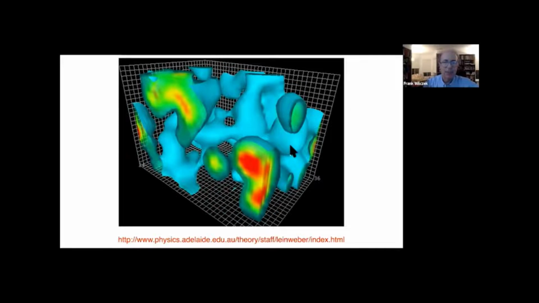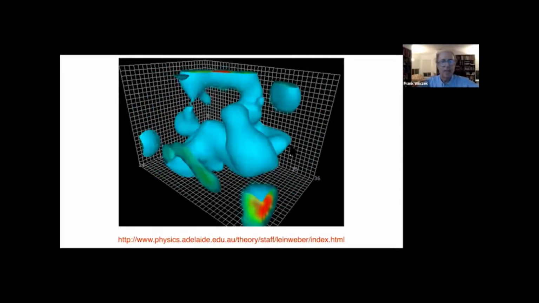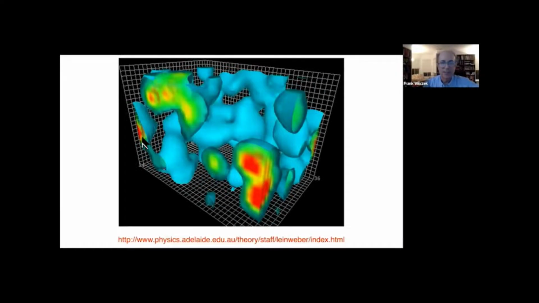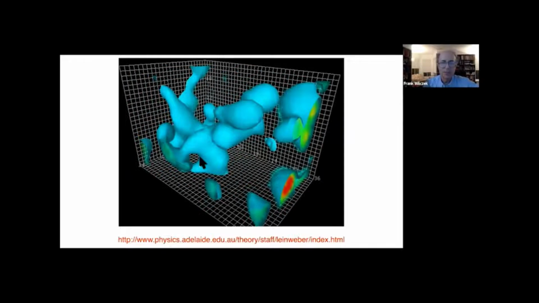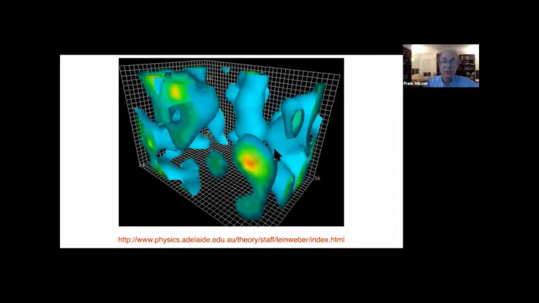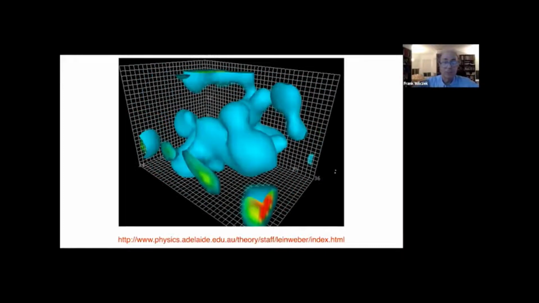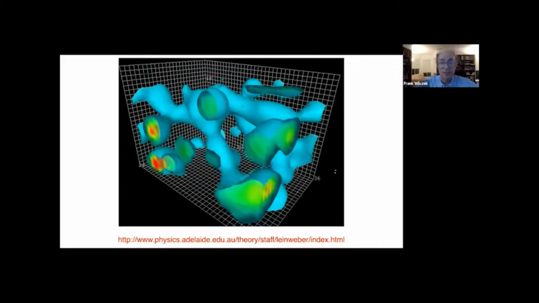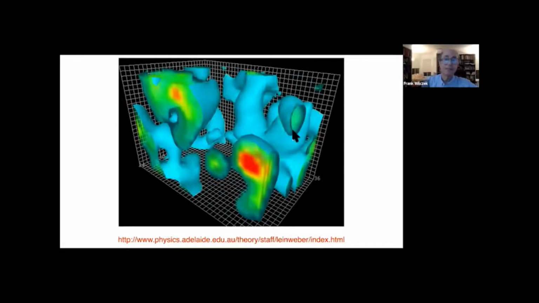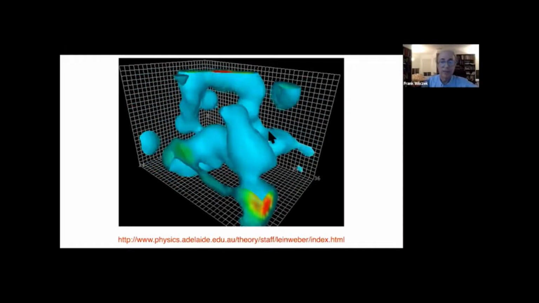What this is then is a picture of empty space. The resolution of this picture is about 10 to the minus 14 centimeters in space, and the time resolution of the snapshots that go into making the film is about 10 to the minus 24 seconds, if you scale from the computer simulation to the physical behavior that it's simulating.